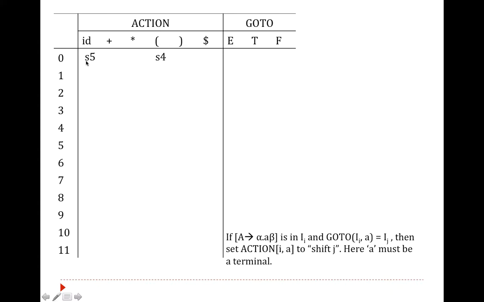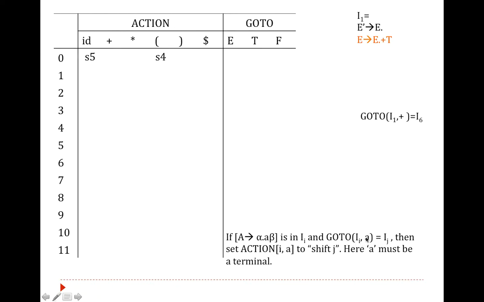Here, instead of shift we have used S as the short form. Now for the second item set I1, the same rule is to be applied. You can see that there is a dot before the plus, hence this becomes small a. Now we have to find goto from I1 with plus.